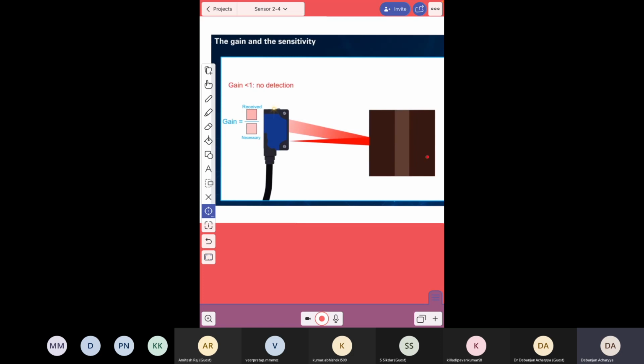So this is the object, which means they are calibrating their sensor in that way. For example, if you are working in inventory management, the inventory is generally of non-transparent objects, so therefore your photoelectric sensor should be calibrated in that way.